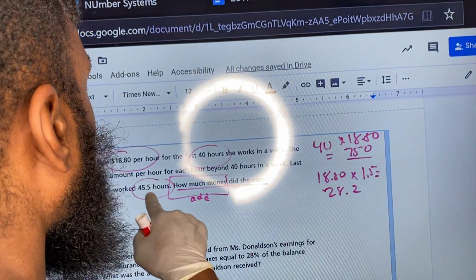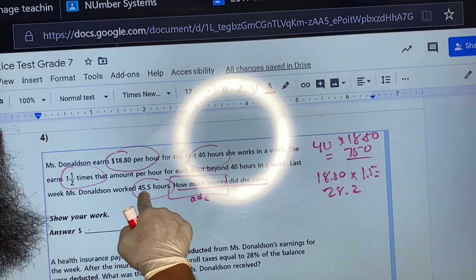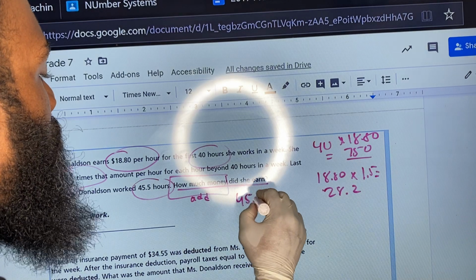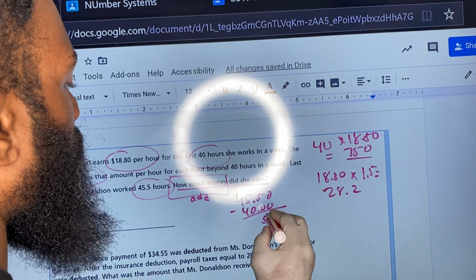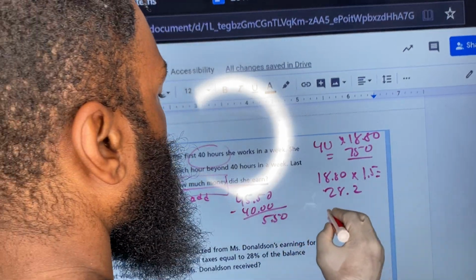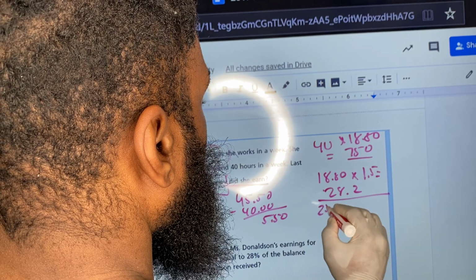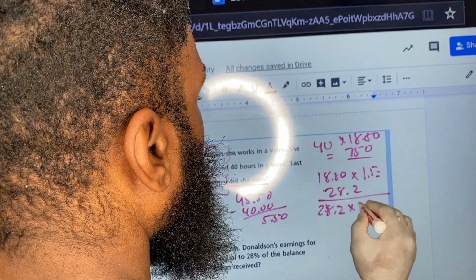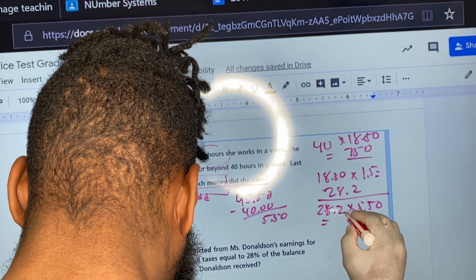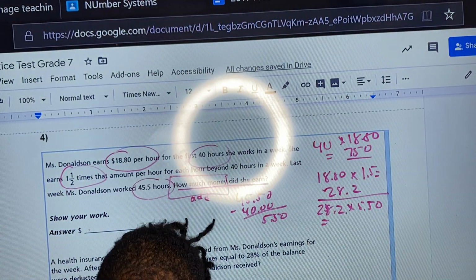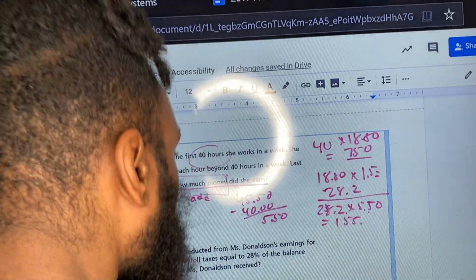So she worked 45.5 hours. So the first 40 hours is done. What's left will be 45.5 minus 40. We got 5.5 hours of overtime. So we take that $28.20 per hour times 5.5 hours of overtime, and we get 155.1.